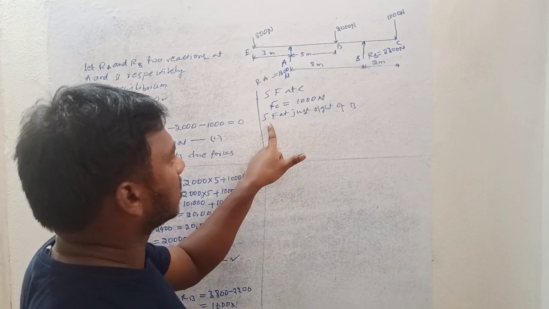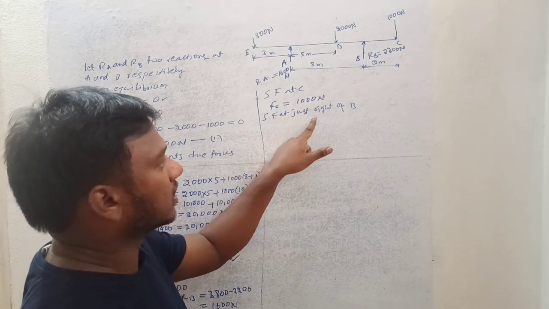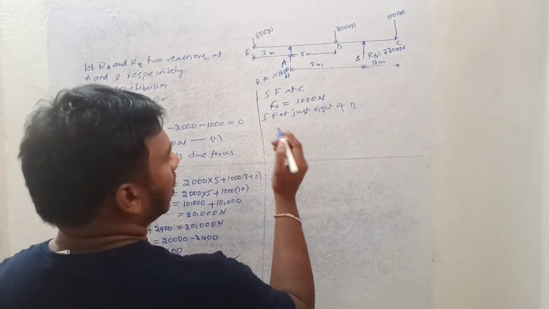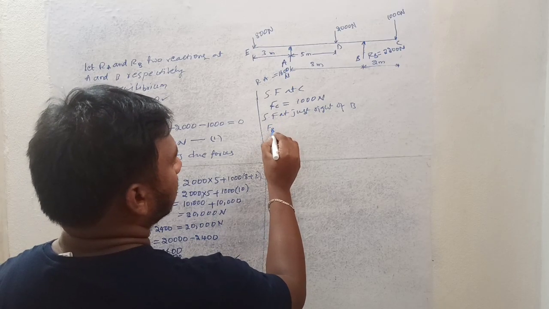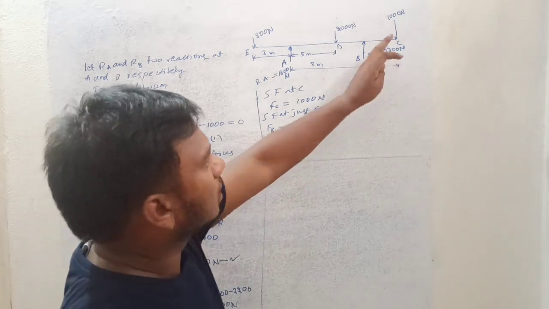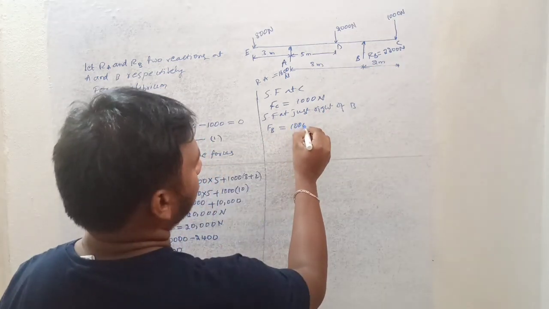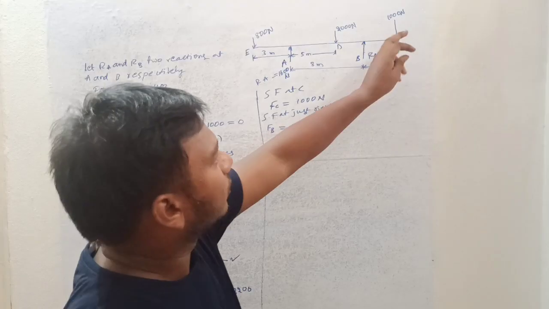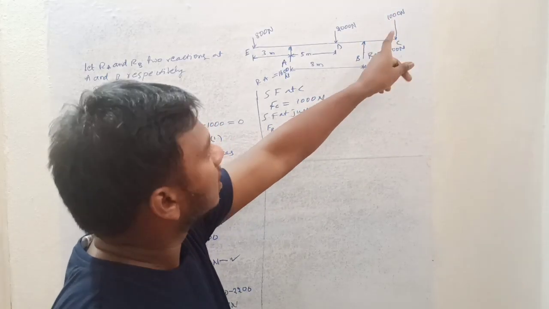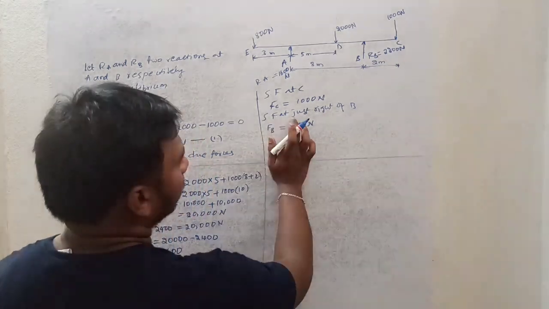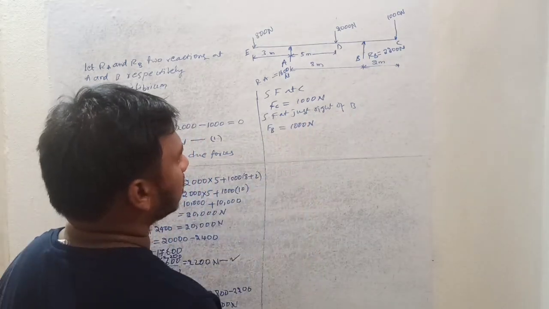That is the reason I am writing here shear force at just right of B equal to F suffix B equal to only 1000 newtons. Why? Because if you take a cross section here, the shear force is 1000 Newton, and here also it will be 1000 newtons only.